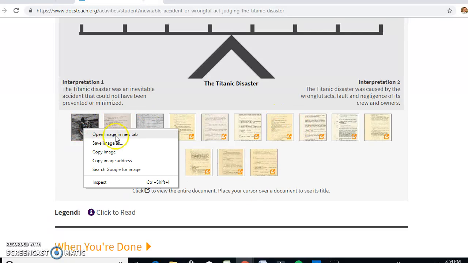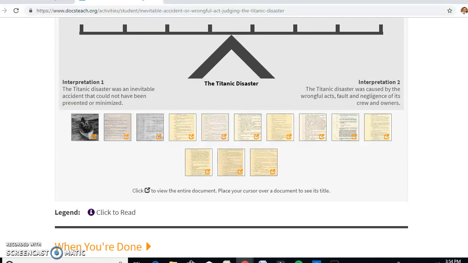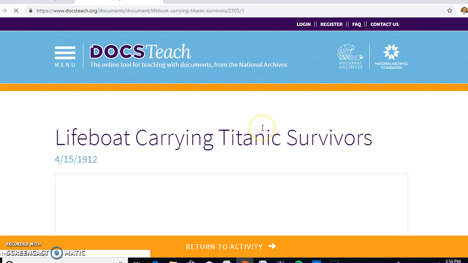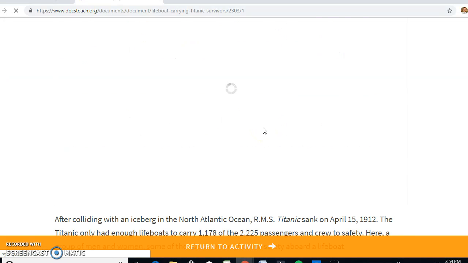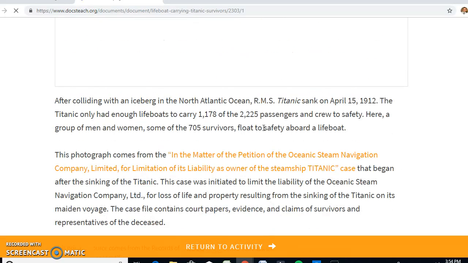Let's take a look at this image. This concerns the fact that Titanic did not have enough lifeboats to shepherd all of its passengers to safety.